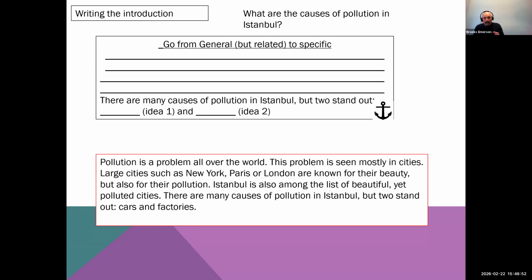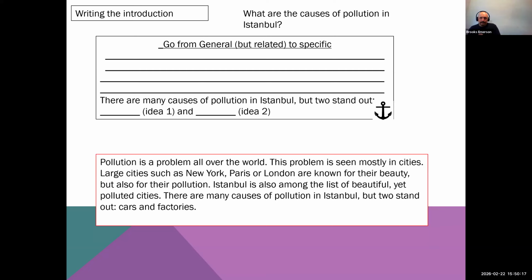Again, it can't be unrelated. So in our essay, what are the causes of pollution in Istanbul? We have to talk about pollution and we have to talk about Istanbul. We have to get that, and it's very important to talk about cause.